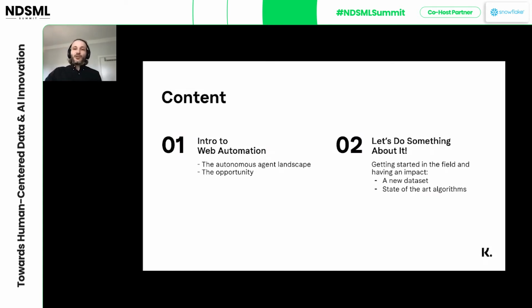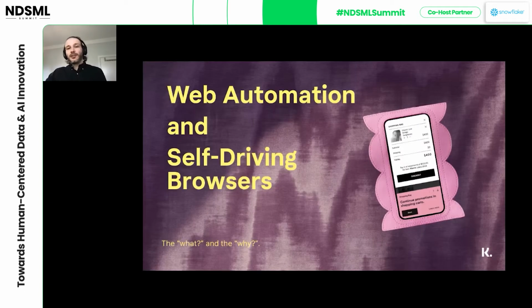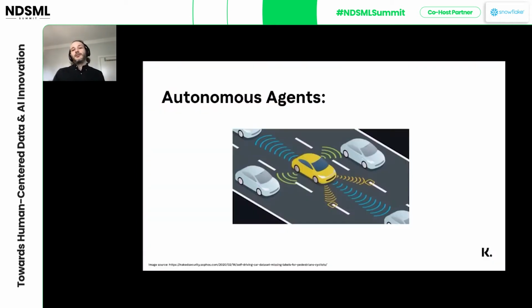Okay, in order to set the scene for the rest of the talk, I'd like us to look at the internet through our machine learning goggles, and probably the best place to start are autonomous agents. In general, an enormous amount of research is being poured into developing agents that can autonomously complete tasks for us in our physical world.